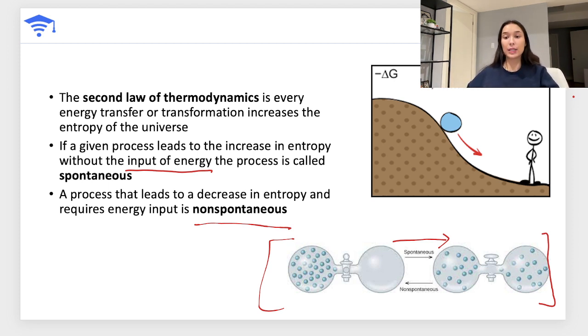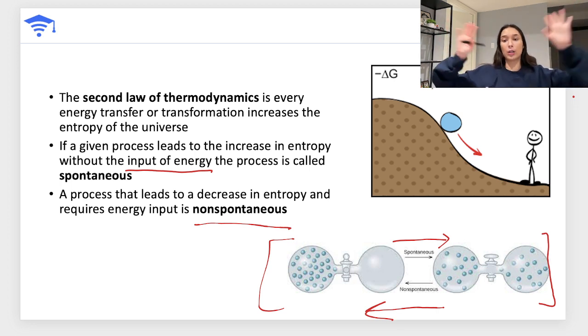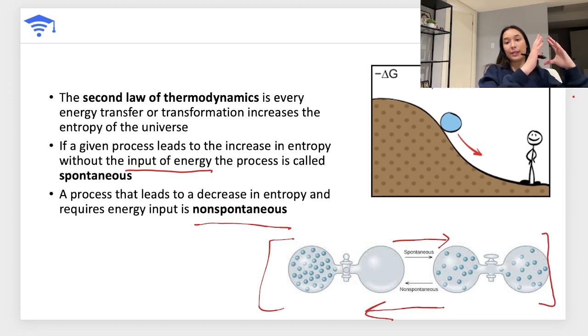Now, going the opposite direction would be non-spontaneous. So going from the right to the left is non-spontaneous. You are decreasing entropy. You're taking these really disordered particles that are spread apart and you're putting them into one side. You're increasing their order and making them less disordered. Okay, so you're putting them into one spot and that's going to require the input of energy. You've decreased the entropy, you've decreased randomness, and that's going to require an input of energy.